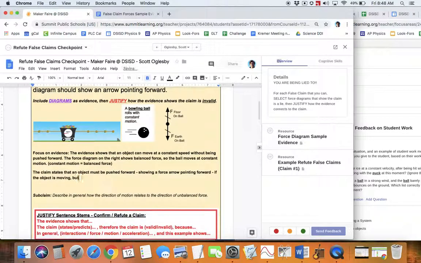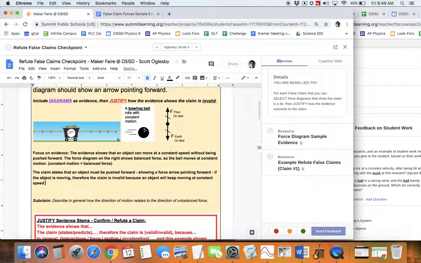But, I'm going to use this sentence. I'm going to say, therefore, the claim is invalid because an object will keep moving at constant speed even when nothing pushes it forward.